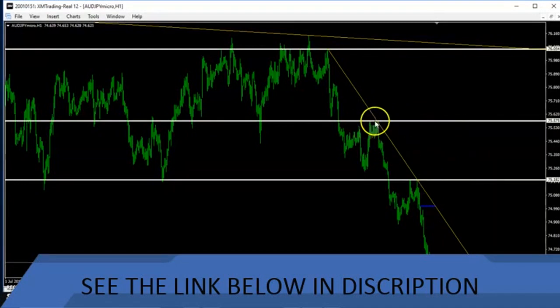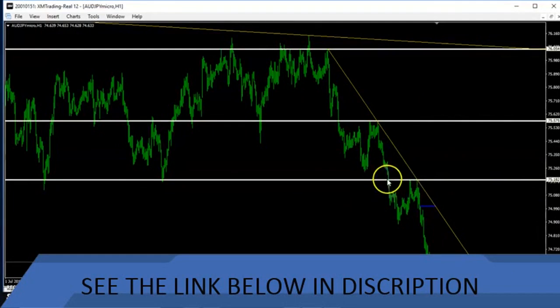Okay, then it will do another 100 pips drop between this line and this line. It's almost 100 pips, but look at the moves, 100 pips drop. Okay, then this was the previous low of that time, which became the top of now.